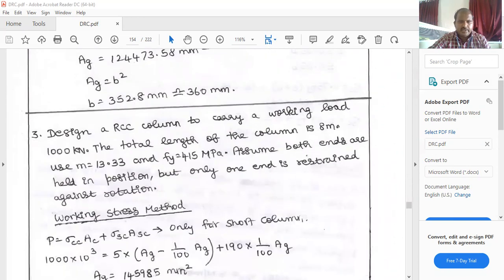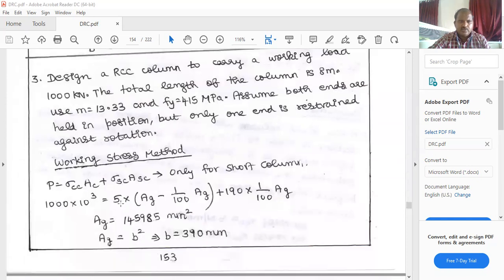So the next problem is to design an RCC column to carry a working load of 1000 kilonewton. The total length of the column is 8 meter. Use M equal to 13.33 and Fe 415 megapascal. Assume both ends are held in position, but only one end is restrained against rotation. Now, working stress method, P equal to sigma cc Ac plus sigma sc into Asc, only for short column.